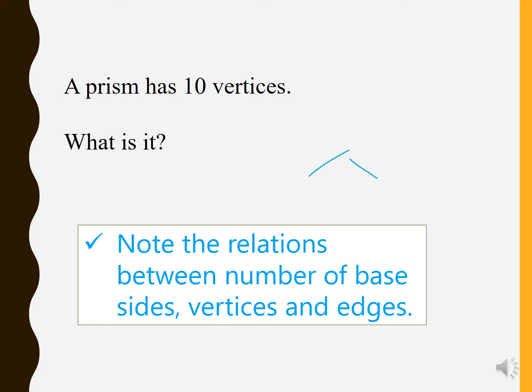So the base is a pentagon. We have 1, 2, 3, 4, 5 at the bottom, 5 vertices. And for the top base, 1, 2, 3, 4, 5, we have another 5. So there are 10 vertices. Okay?